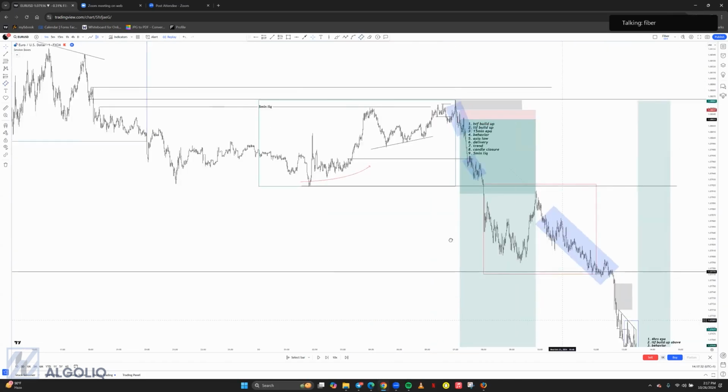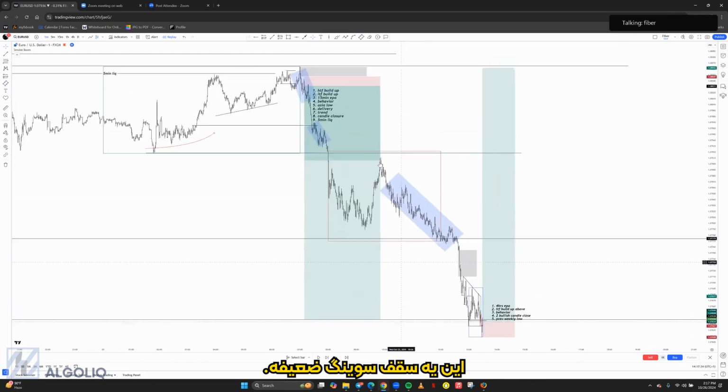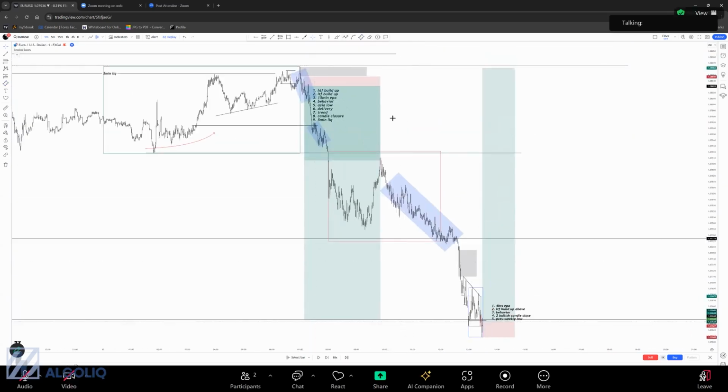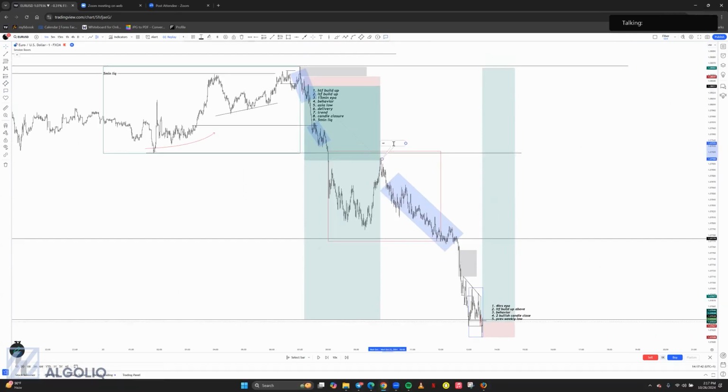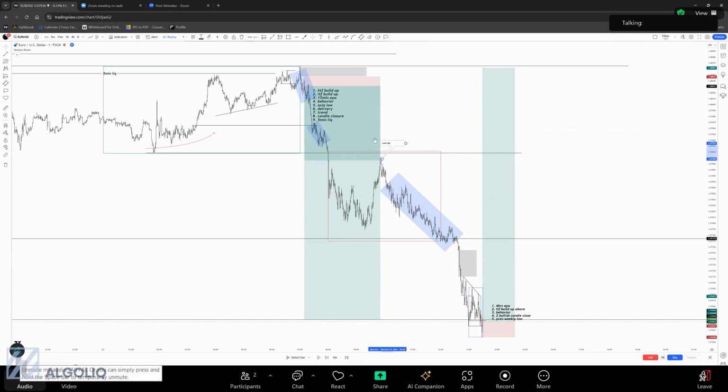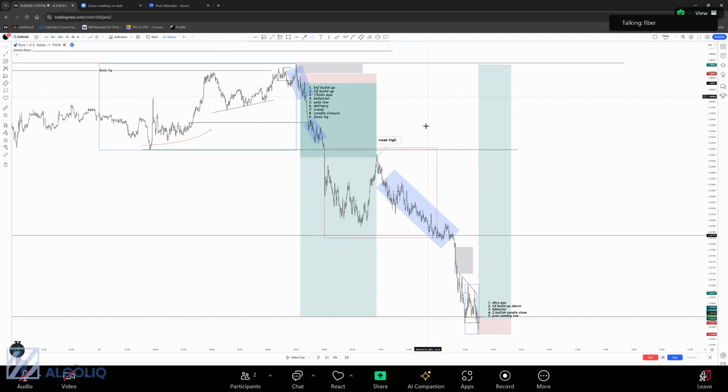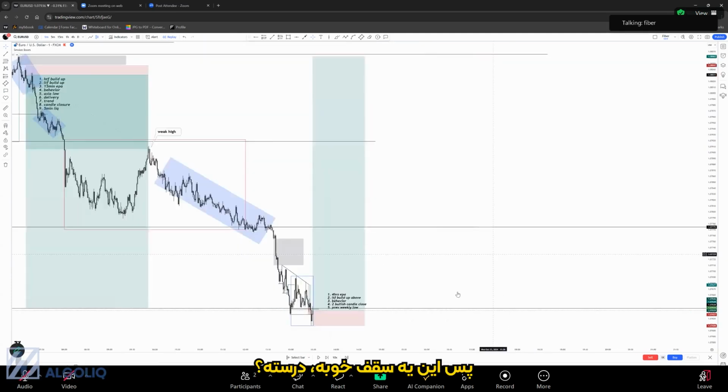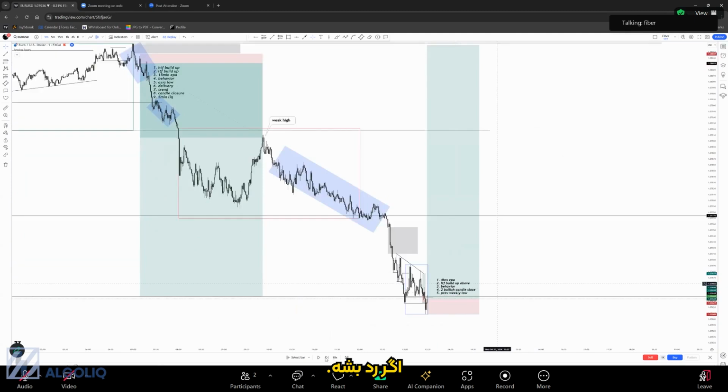Okay. This is a weak high. Okay. So a good one, right? If it goes through, that means we took 3 trades today.